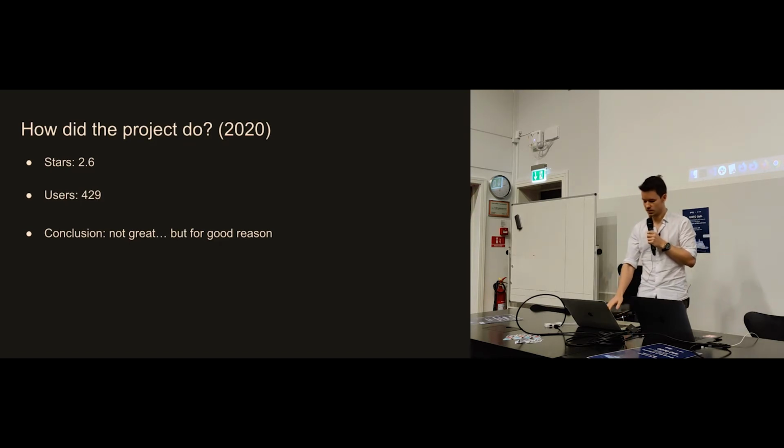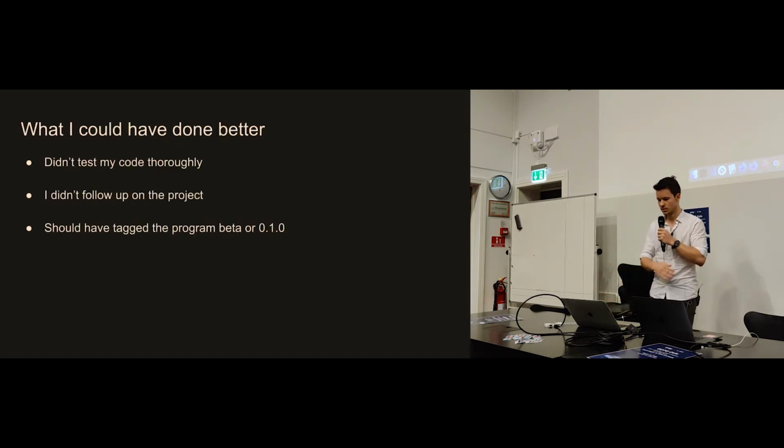So what did I learn from this experience? Some of the things I wish I'd done better were, first, to test my app a little more thoroughly before releasing. I might have been able to catch the language issue early on if I had actually gone through it. I'm also sad that I didn't follow up on the project.